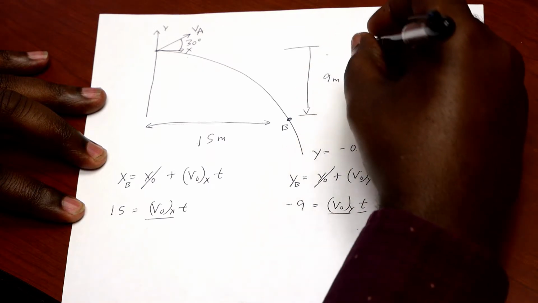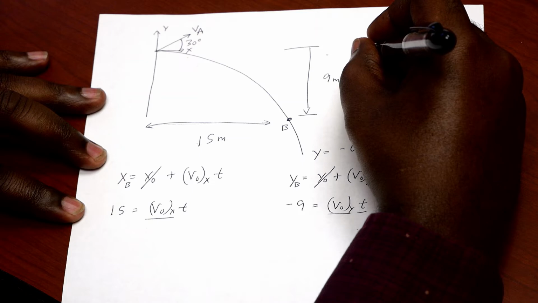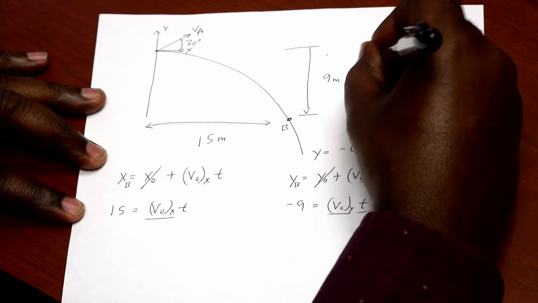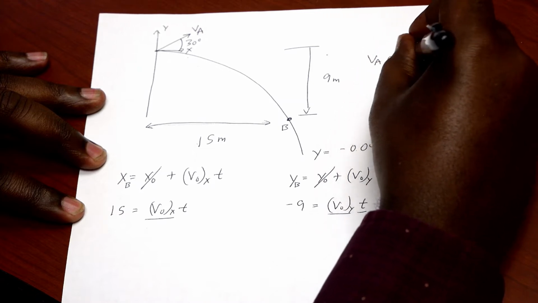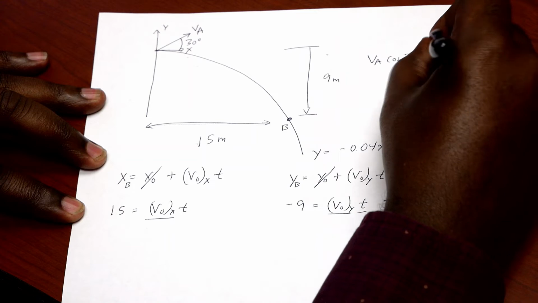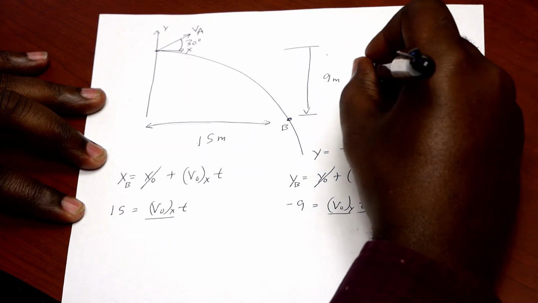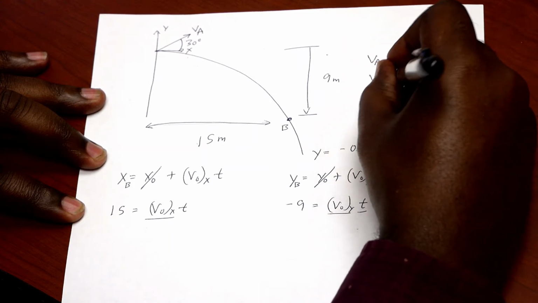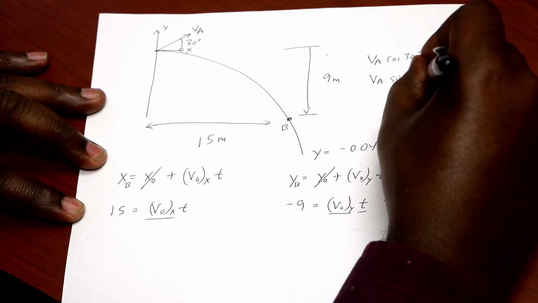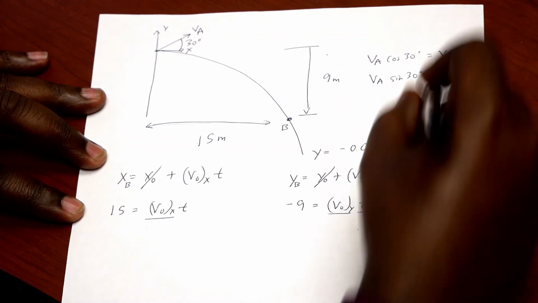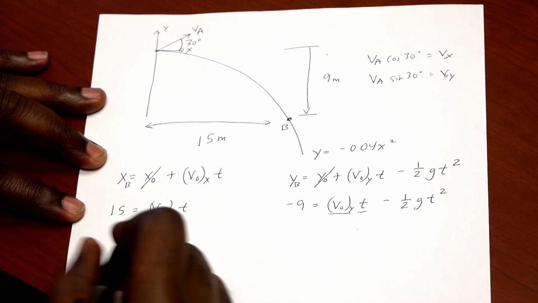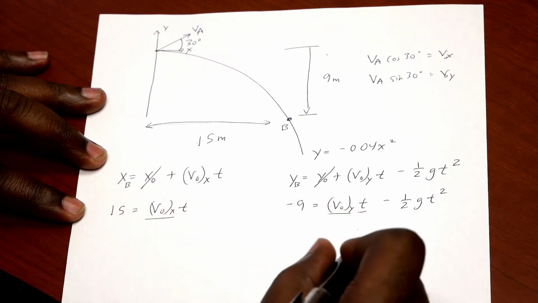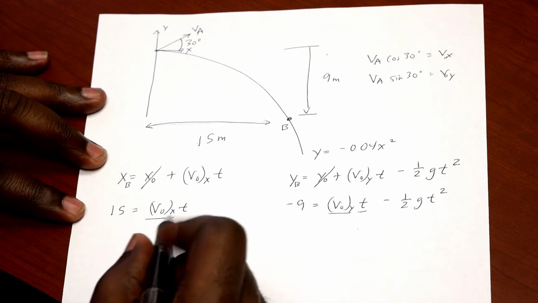So that relationship says that VA cosine 30 degrees is Vx. I'm writing it kind of backwards, but VA sine 30 degrees is Vy, or V naught y, right? So we can substitute that in so that we have two equations in terms of VA and t.